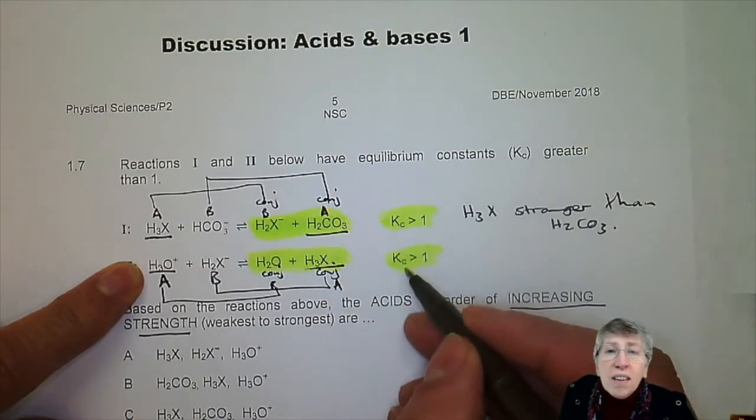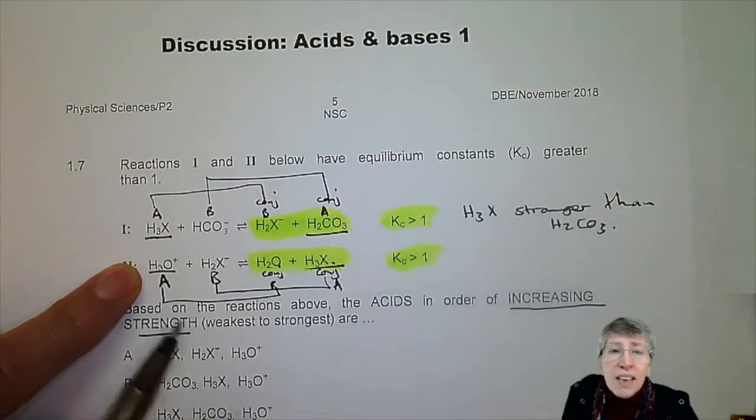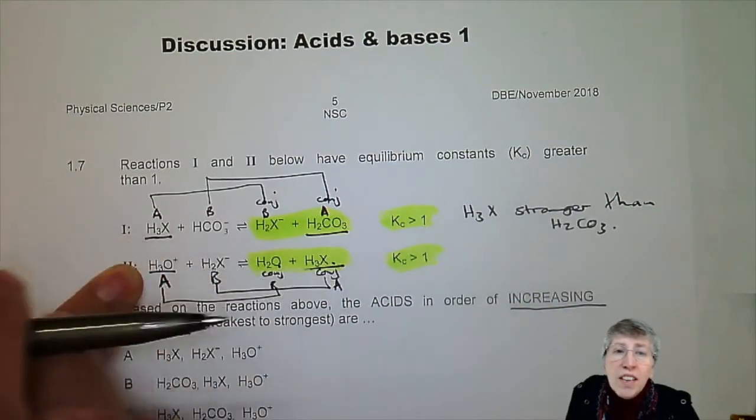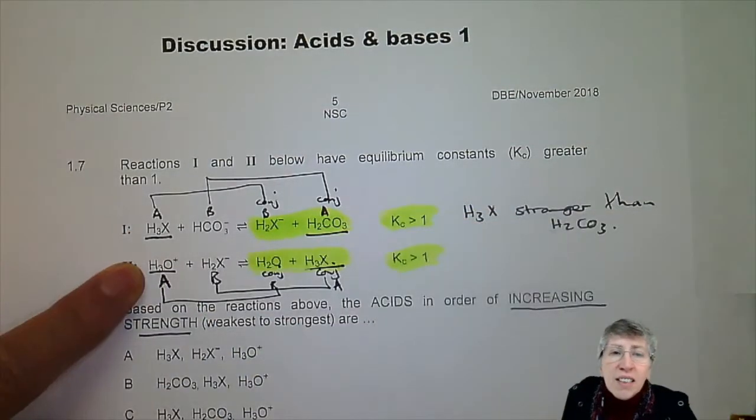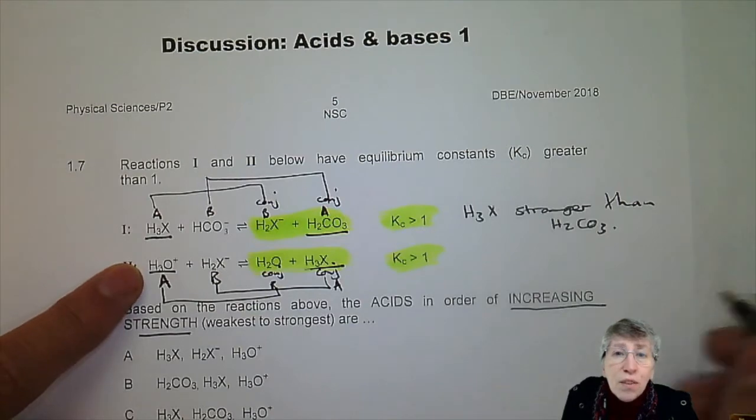Once again, with a Kc bigger than 1, it tells you that the acid acting in the forward reaction is stronger than the acid acting in the reverse reaction.